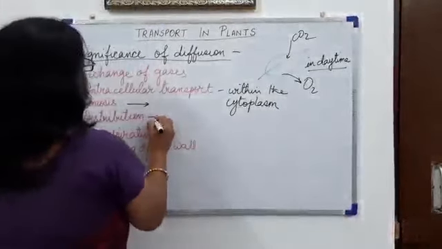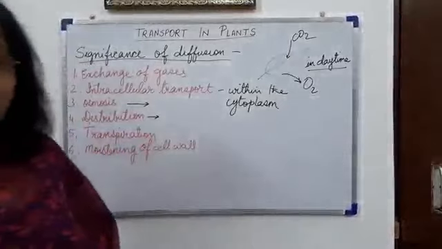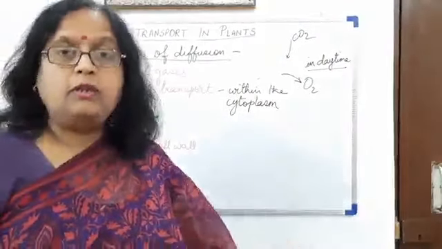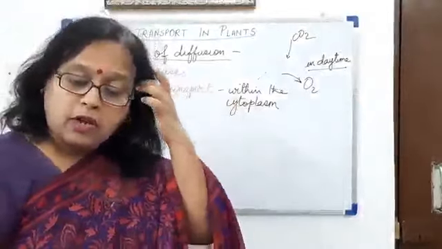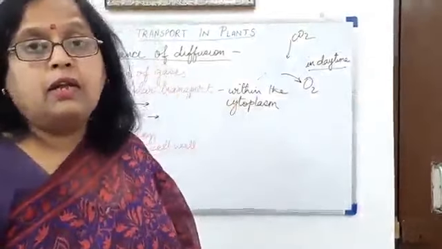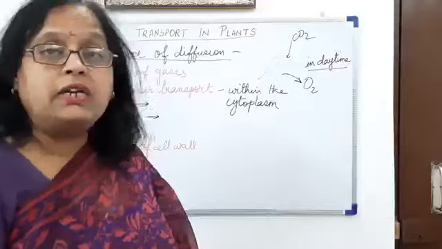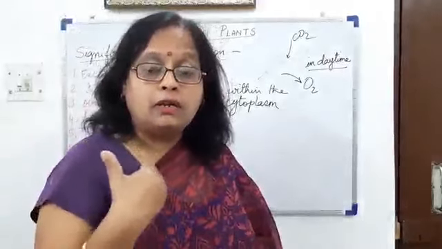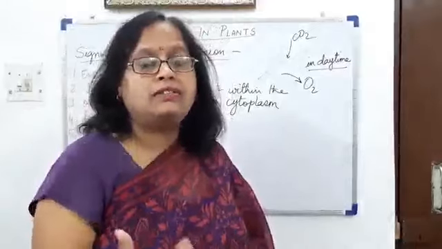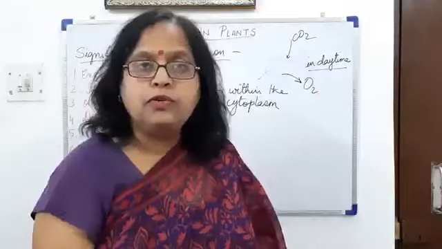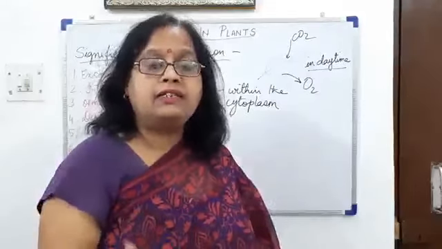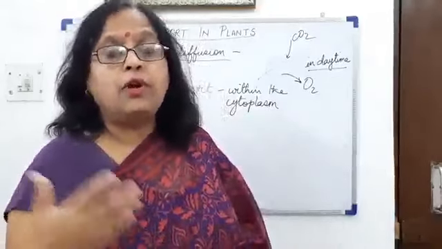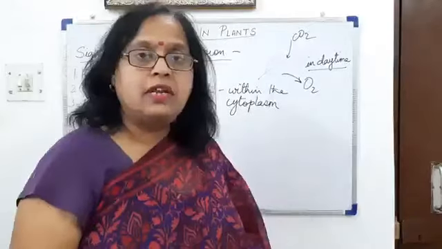Then the distribution of substances. In the distribution, water and solutes inside the plant are getting distributed when they are getting diffused through the cells. So by the diffusion of water and substances from one cell to the other cell, from outside of the cell to the inside of the cell.